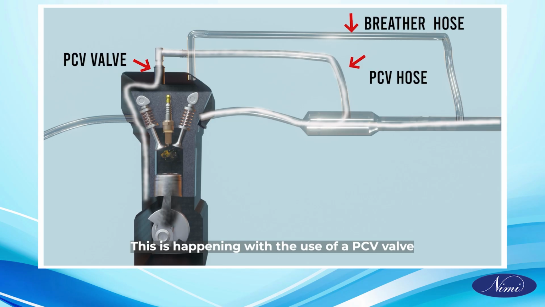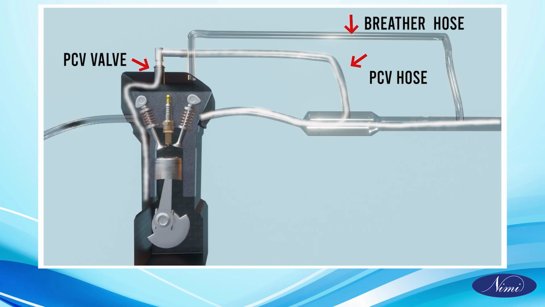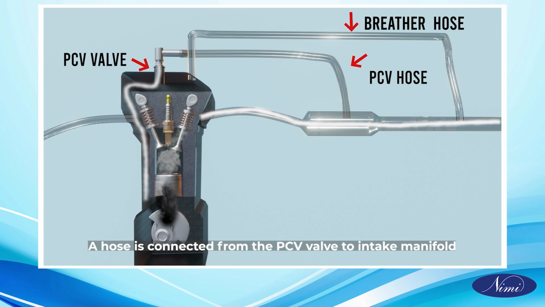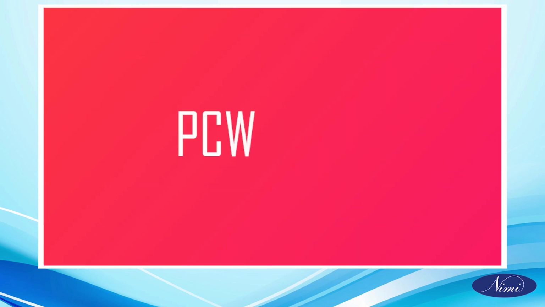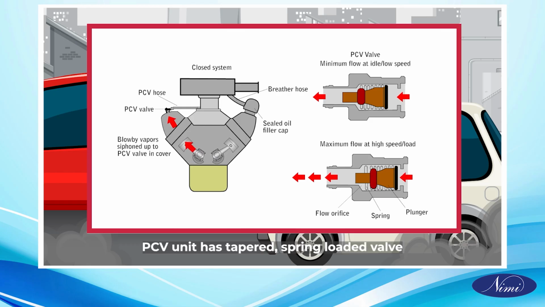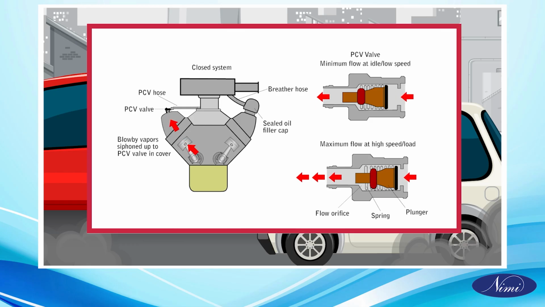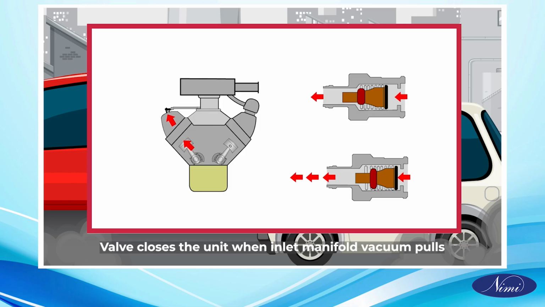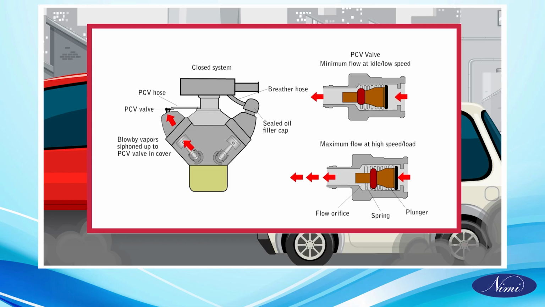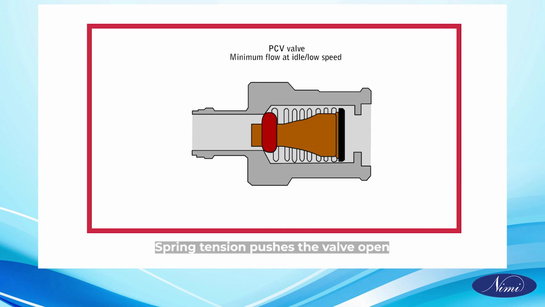This happens with the use of a PCV valve. A hose is connected from the PCV valve to the intake manifold. The PCV unit has a tapered spring-loaded valve. The valve closes the unit when inlet manifold vacuum pulls. Spring tension pushes the valve open.